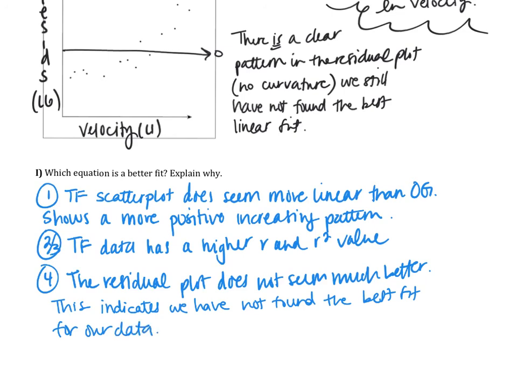So we haven't found the best fit for our data, okay? But given the 2 options, the transform checks out here, and not really here, but the transform data does seem to be better, okay?